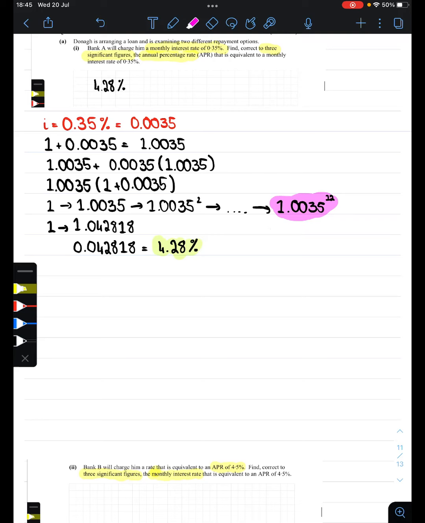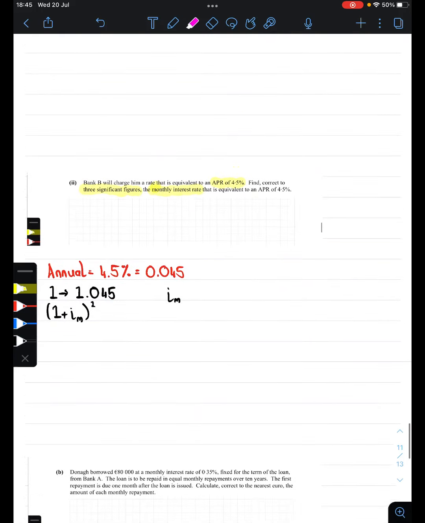So 1 plus IM to the power of 12 should give us our yearly, and we know what our yearly is: 1.045.